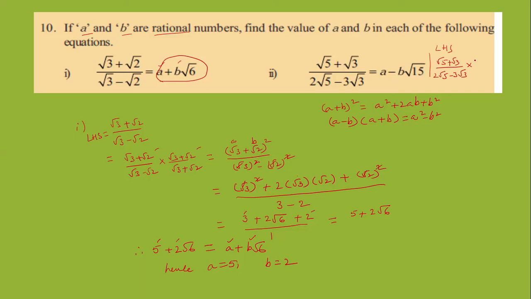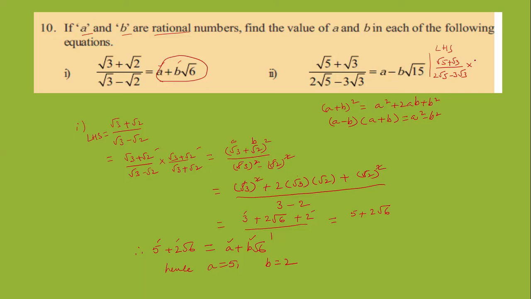How do you do the second question? First, you write the LHS part only: root 5 plus root 3 by 2 root 5 minus 3 root 3, and rationalize the denominator. You take only the LHS part first.